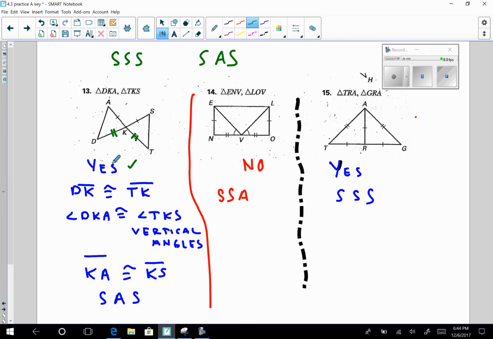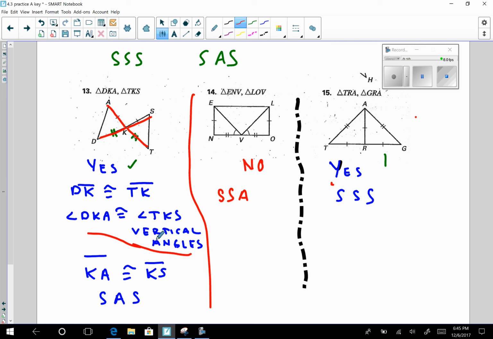And I do have, oh, this is handy, I do have that angle DKA is congruent to angle TKS because of vertical angles, that's true.